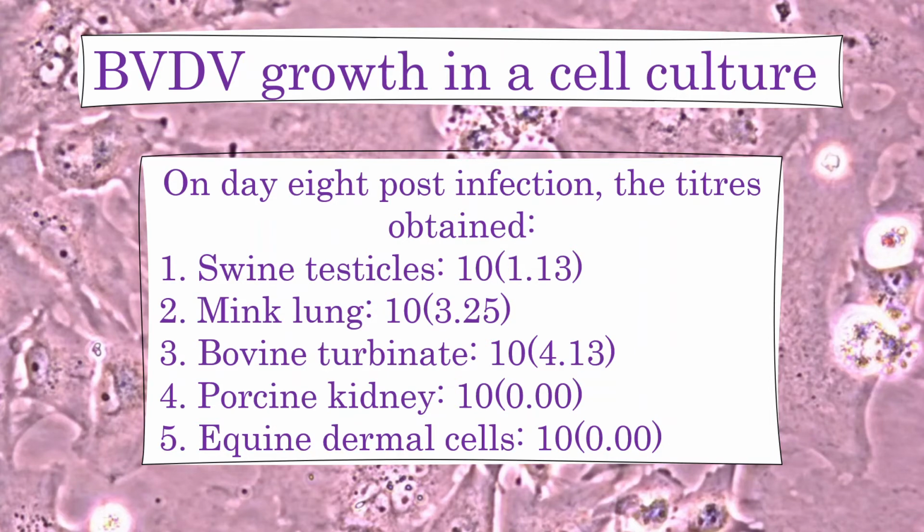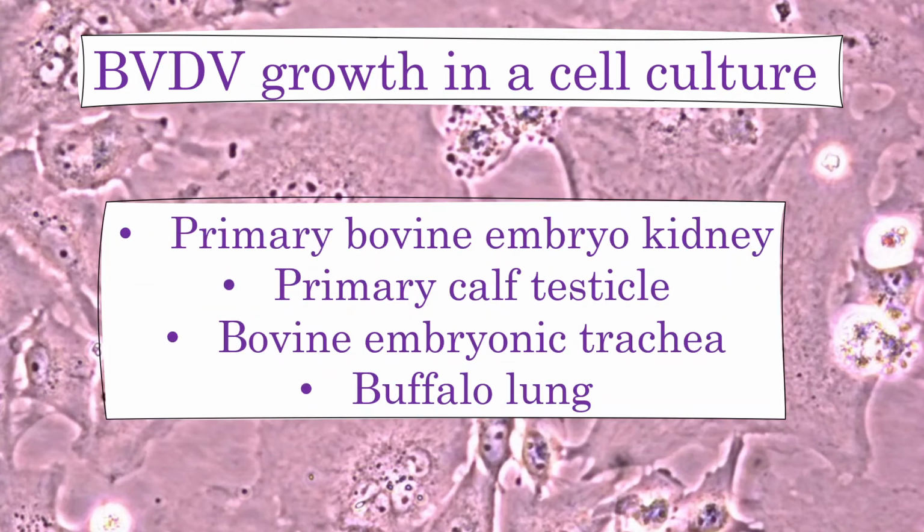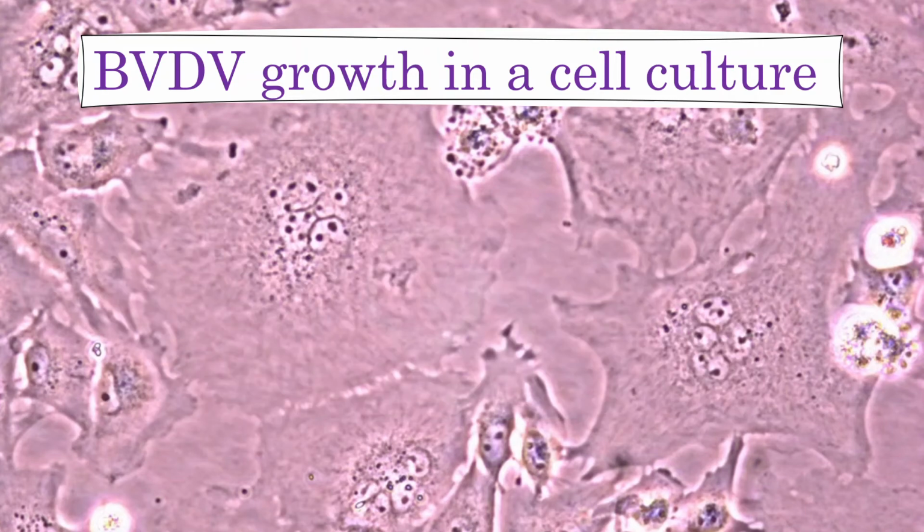The results indicate that bovine turbinate and mink lung cells are the best cell types for the culture of BVDV. In a separate study where the growth medium was taken strictly from bovine origin, primary bovine embryo kidney, primary calf testicle, bovine embryonic trachea, and from buffalo lung, the virus titers did not differ significantly.